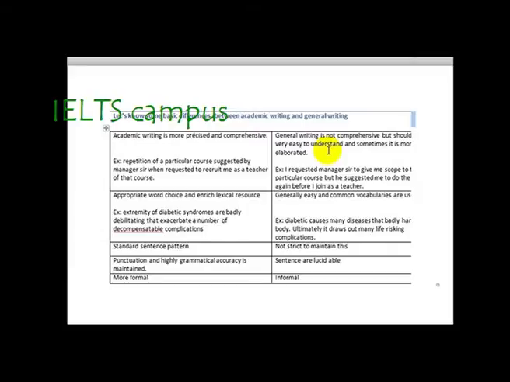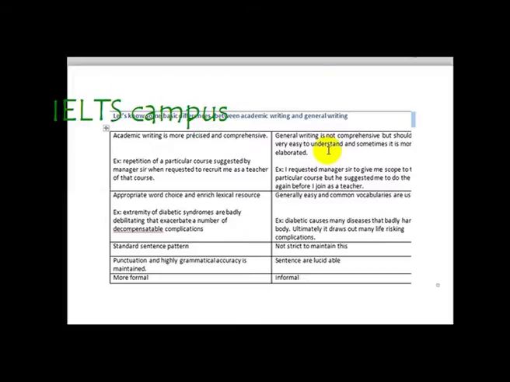In academic writing, we have to use appropriate words, and we have to enrich our lexical resource. Lexical resource is very important, and using words appropriately is overridingly important.